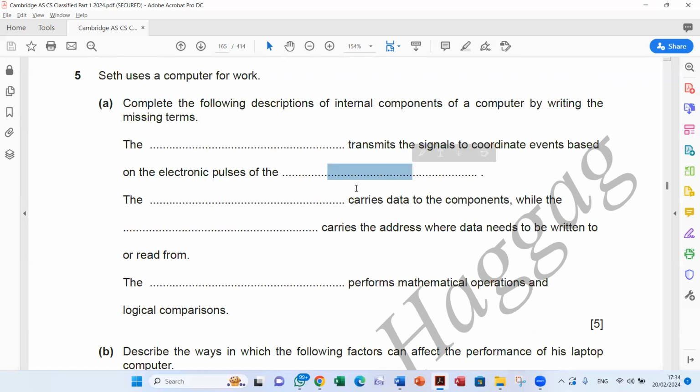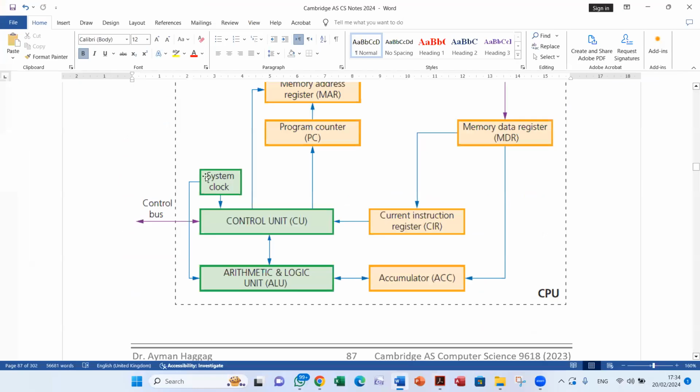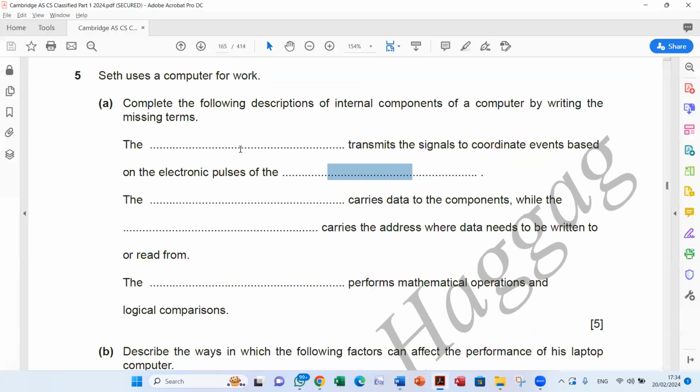So the clock, or you may specifically call it the system clock, generates timing signals, and I think the control bus. So we may write here, the control bus transmits the signals to coordinate events based on the electronic pulses of the system clock.